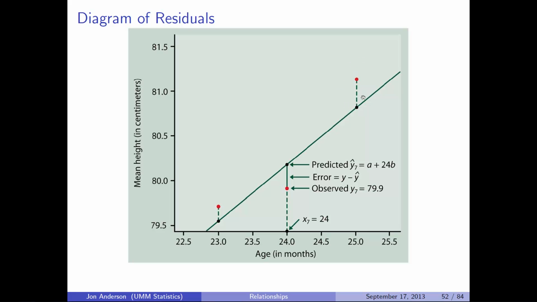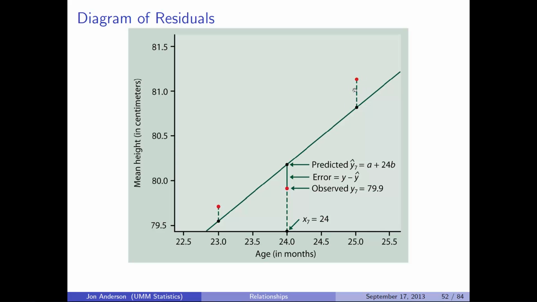The one I'm talking about right here, the red dot, is the actual value of y for this observation. It looks like it's about 81.1 centimeters. It looks like we would estimate this height to be about 80.8 centimeters. And the difference between what actually happened on the red dot and what we would have expected from the summary line when the age was 25 months, that distance or difference is the residual.